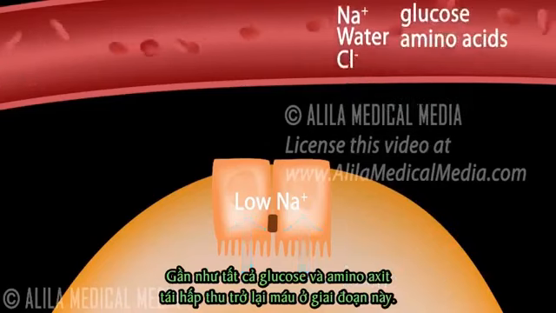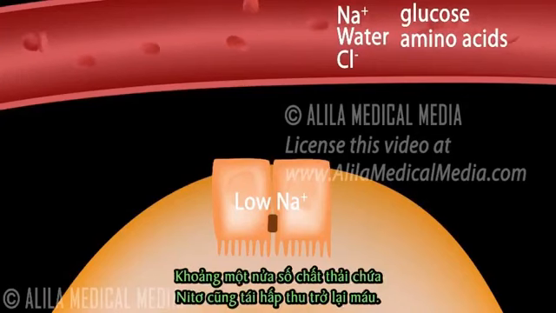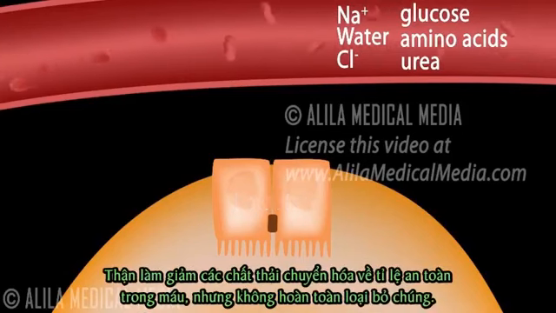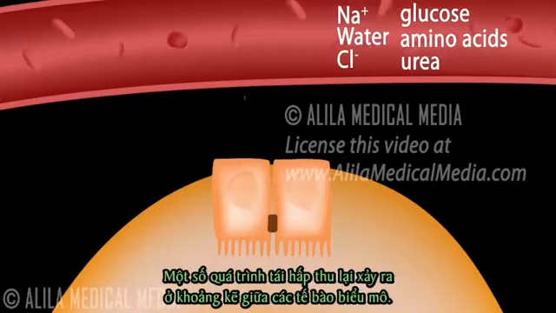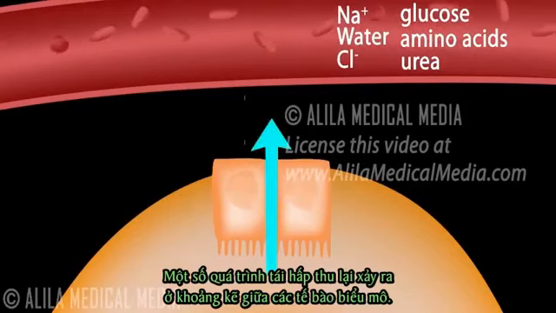Nearly all glucose and amino acids are reabsorbed back to the blood at this stage. About half of nitrogenous wastes are also reabsorbed back to the bloodstream. The kidneys reduce the blood levels of metabolic wastes to a safe amount, but do not completely eliminate them. Some of the reabsorption also occurs by the paracellular route, through tight junctions between the epithelial cells.